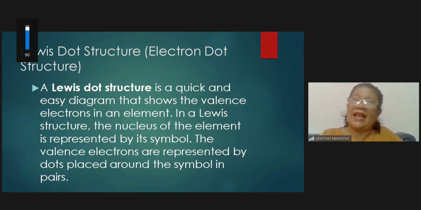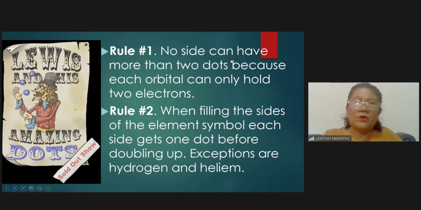Okay. So here is rule number 1. No side can have more than 2 dots because each orbital can only hold 2 electrons. So how many electrons all in all? It has 8. So it should be filled.